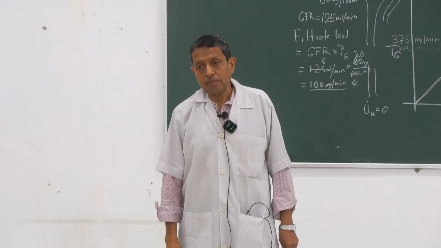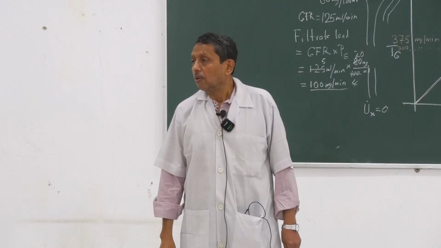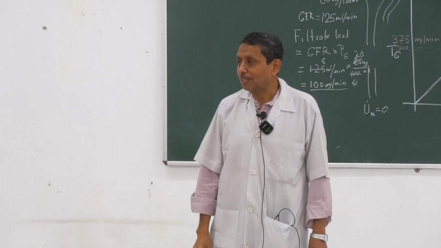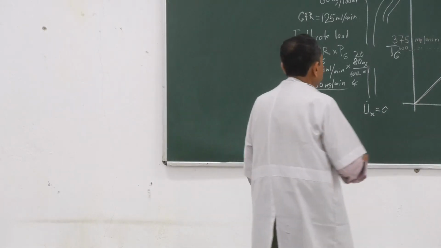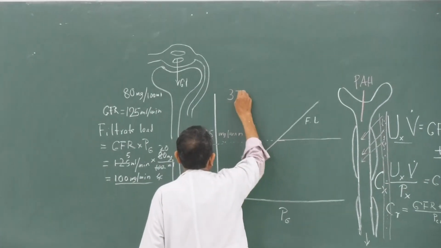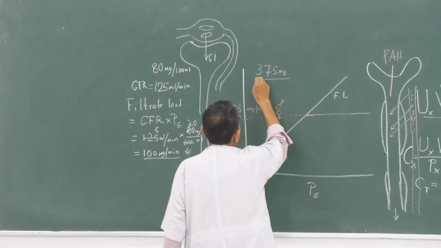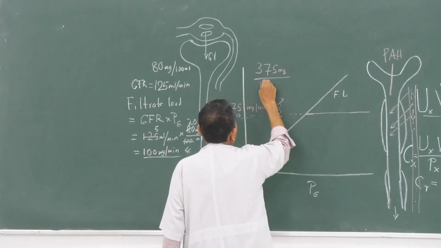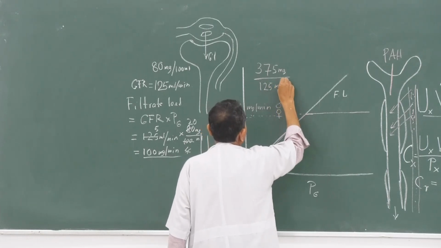Then it is the transport maximum, and it has a corresponding value of plasma concentration. So if you divide by 125 ml.